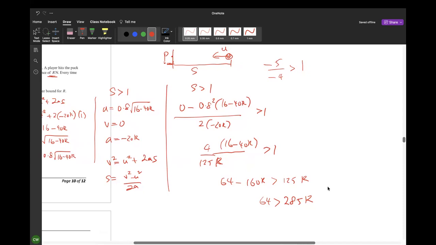That's all. Then divided by 20, 40, 40. Two over 25.